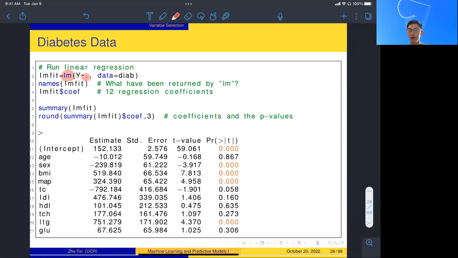So that's just some coding like for short, right? Easier to write. But another way to write this is essentially you write the whole formula, or if you do not want to use all the variables, you would write, for example, y regress on age plus sex, right? So this would be a simpler model, and so we get our LM fit, right? That is the fitted model from linear regression.